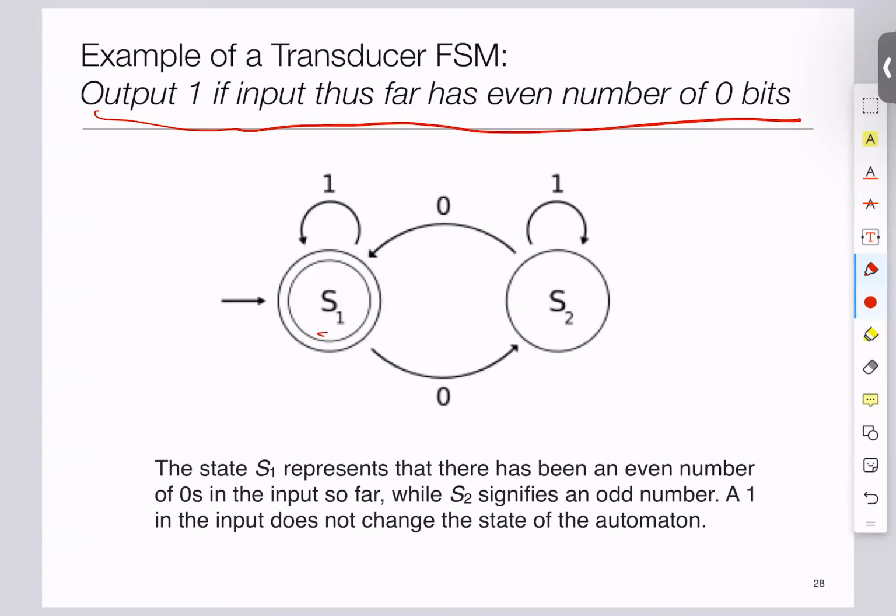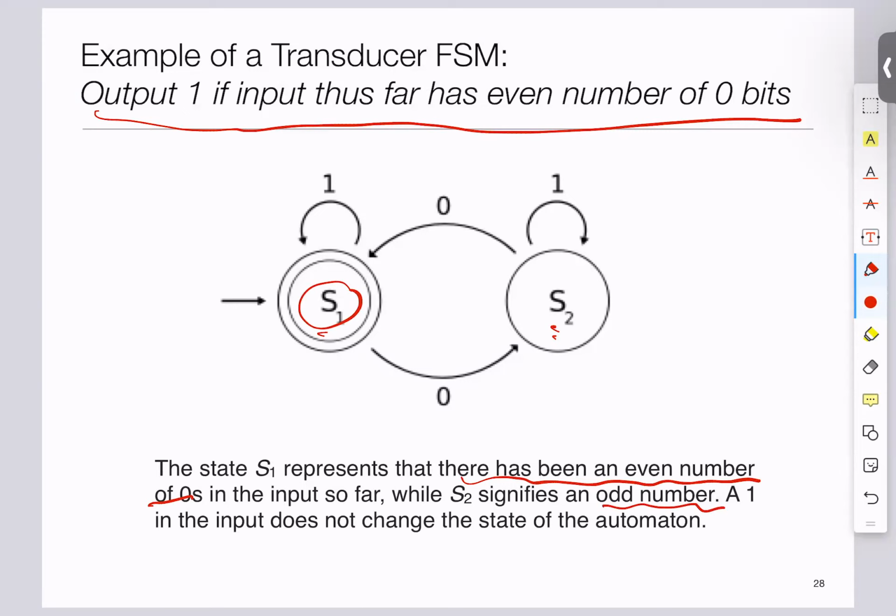So S1 and S2 are basically indicating whether I have received an even number of 0 bits or an odd number of 0 bits. S1 corresponds to there having been an even number of zeros in the input thus far, and S2 corresponds to an odd number of zeros thus far.